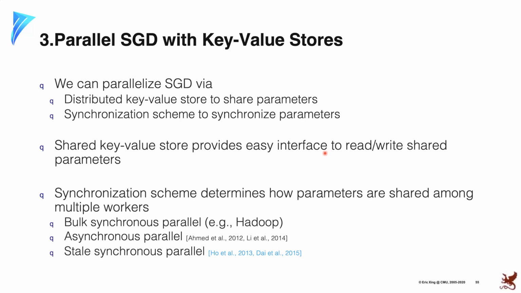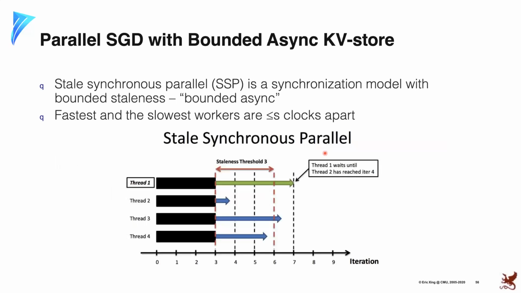There are several different synchronization approaches in practice. For example, the bulk synchronous parallel, which utilizes Hadoop, and the asynchronous parallel. But what we are going to discuss here is called the stale synchronous parallel. It's in between synchronous parallel and asynchronous parallel, and we will see it's actually a very easy to understand algorithm. It gives you a time window in terms of iterations. For example, let's say we have a time window of size 3.